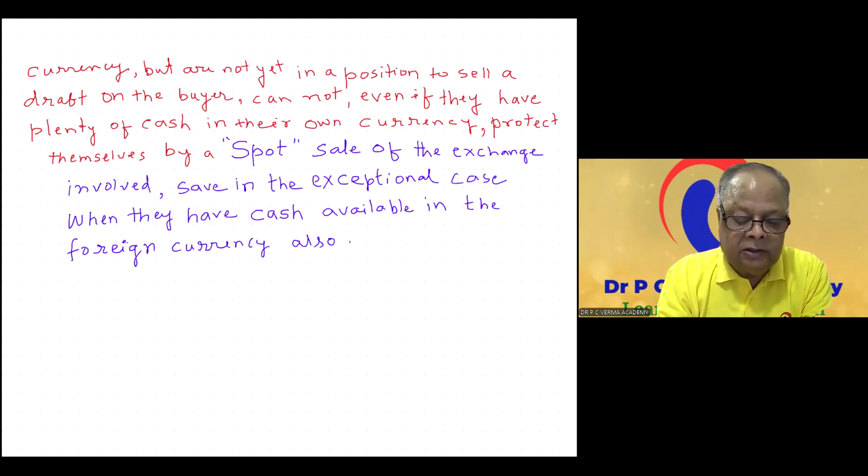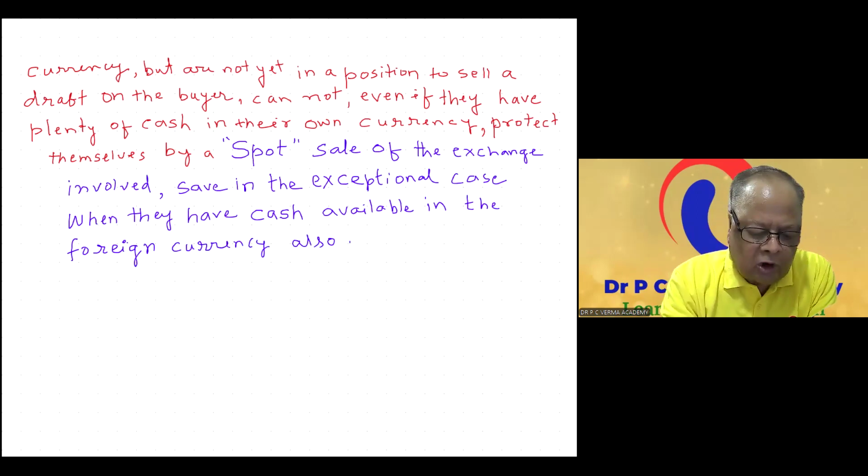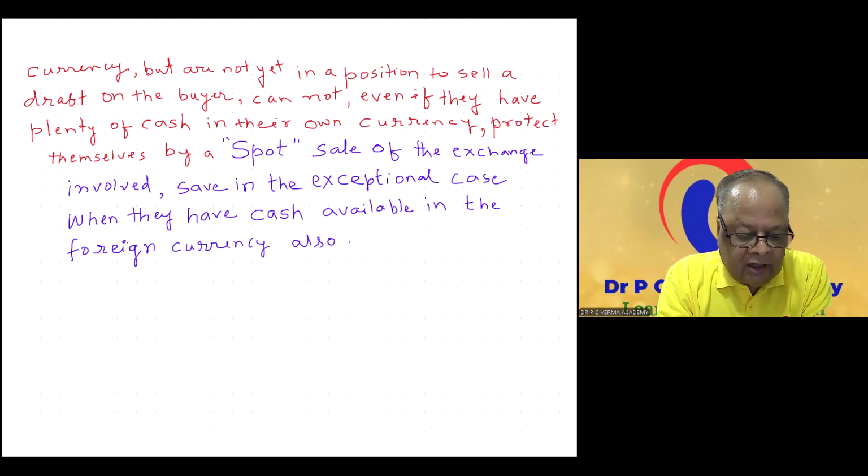Thus, we find that transactions in a spot exchange are for cash. That is to say, cash in one currency is exchanged for cash in another currency.